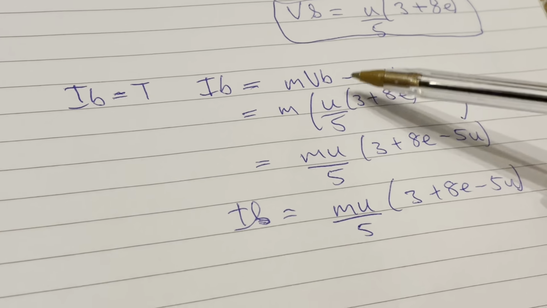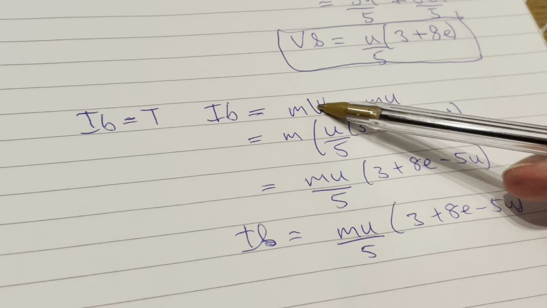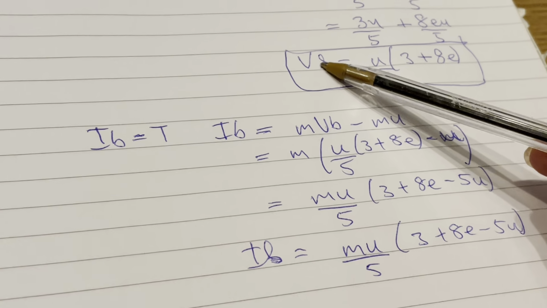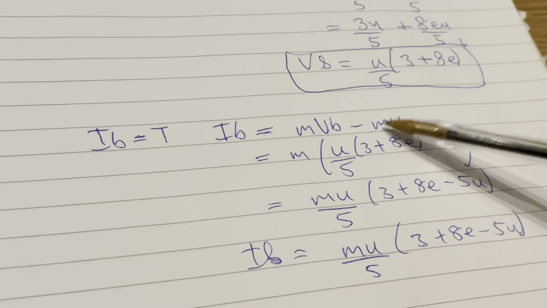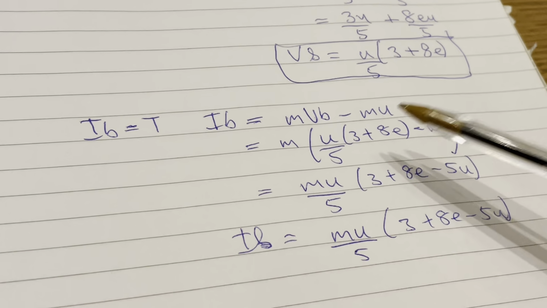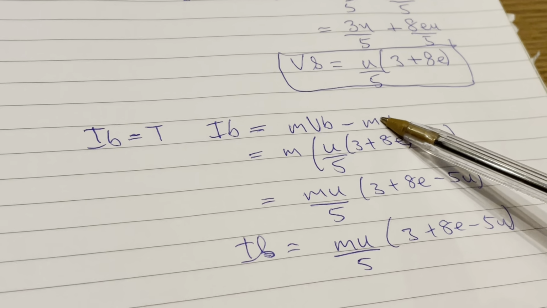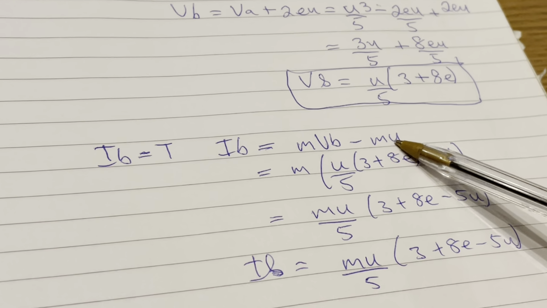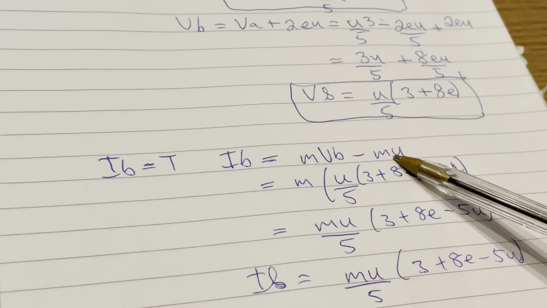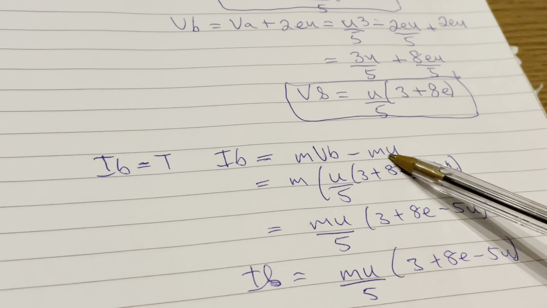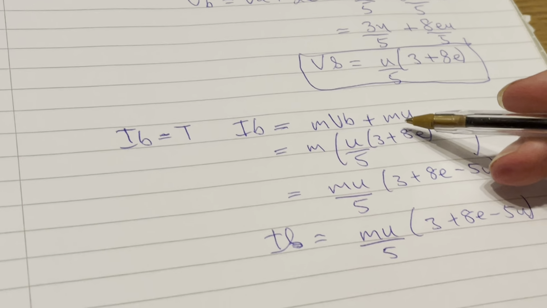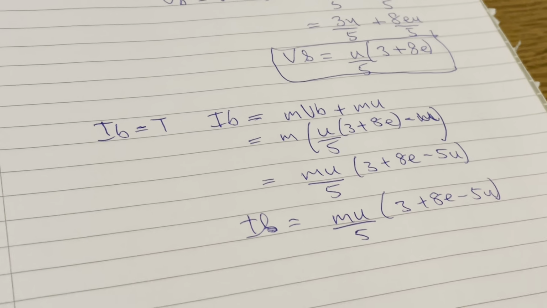Have I gone wrong there? Momentum afterwards is m times the velocity afterwards minus the velocity before. The momentum before was negative, so that needs to be positive, because it's a double negative.